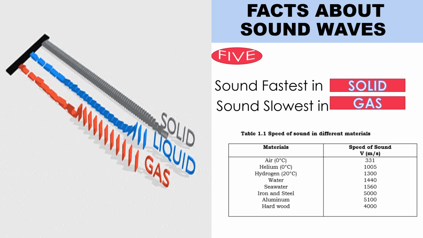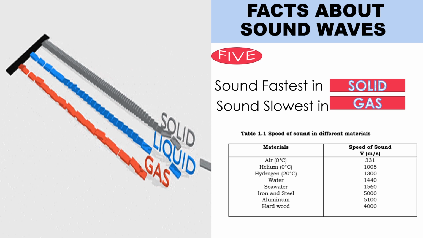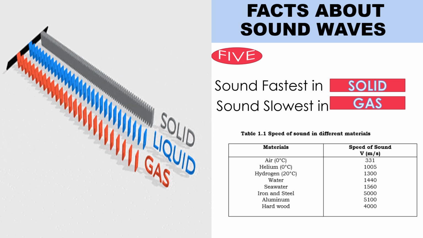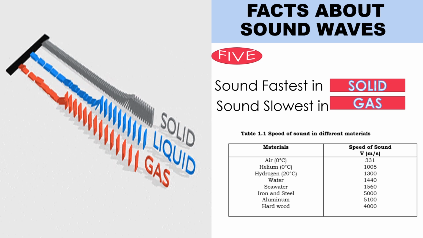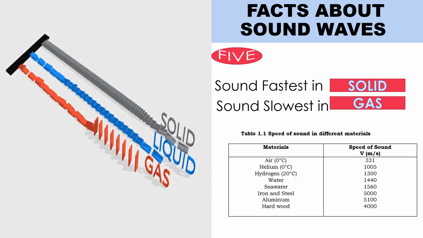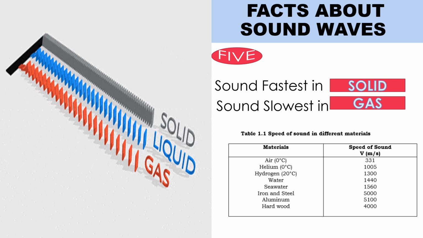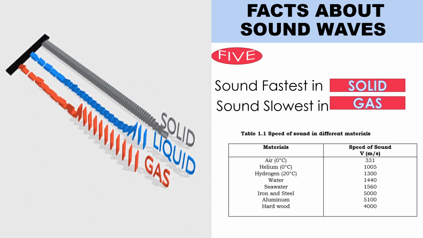Okay? So, I have here the different speeds of sound in different mediums or materials. As you notice, where is it higher or faster? Where does sound travel fastest? Which is the biggest? Okay? The highest is 5,100, which is aluminum. And we all know that aluminum is a solid.